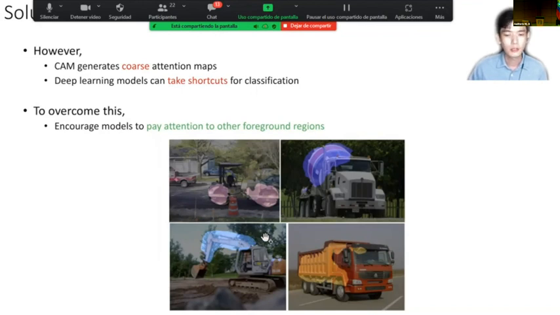And therefore, as you can imagine, this is not a good CAM as pseudo labels to train our segmentation models. And to overcome this, we need to find ways that could encourage our model to pay attention to other foreground regions, not just the most discriminative features.